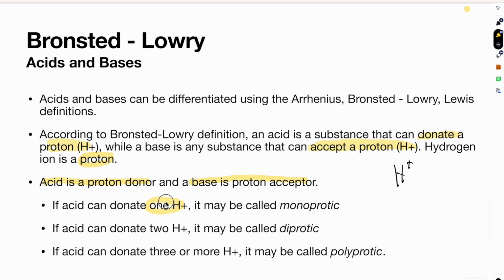If an acid can donate one hydrogen proton, it may be called monoprotic. If an acid can donate 2 hydrogen protons, it may be called diprotic. If an acid can donate 3 or more, it may be called polyprotic.